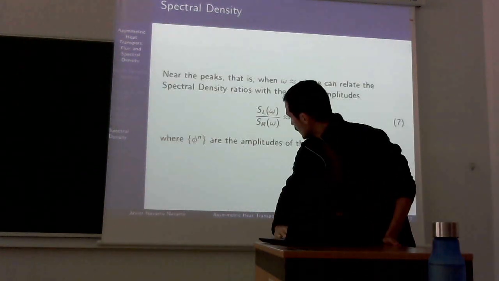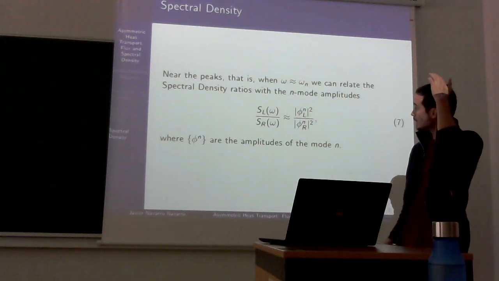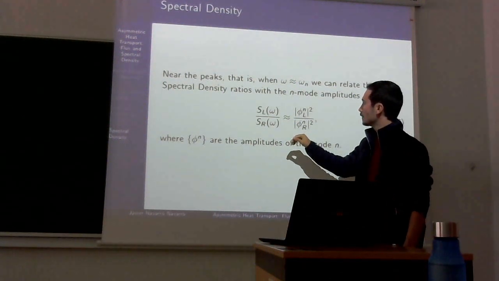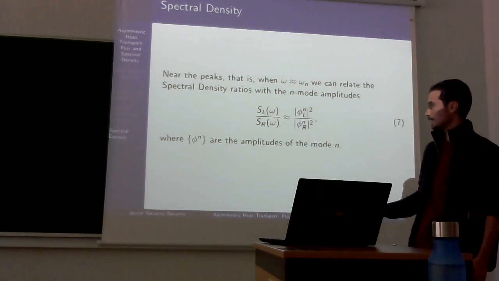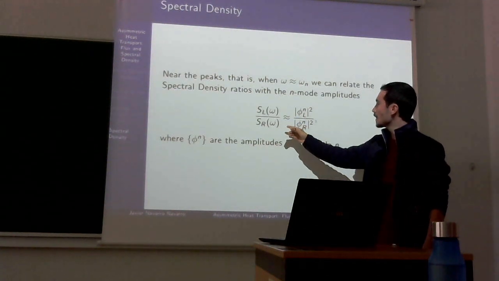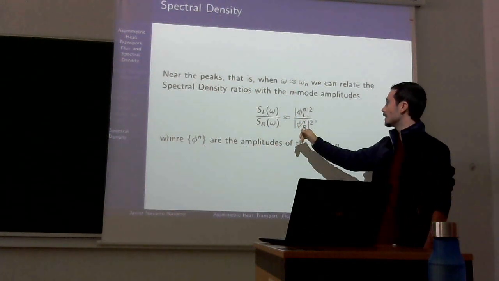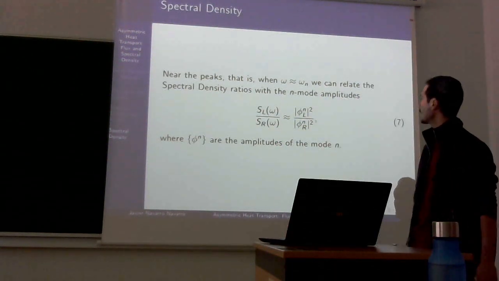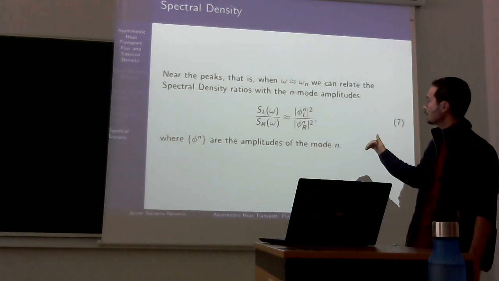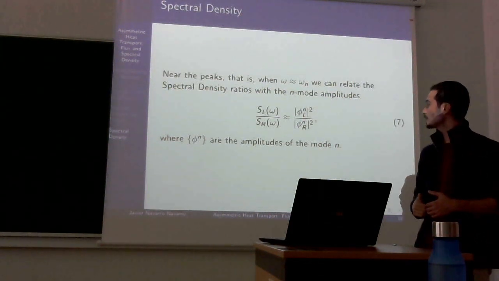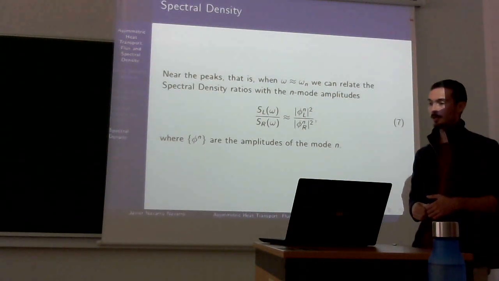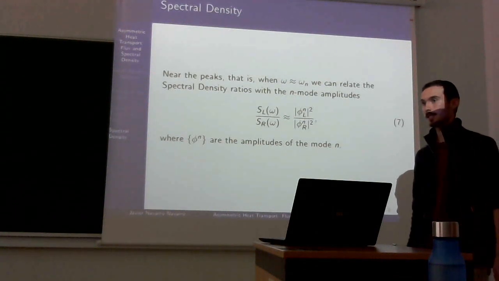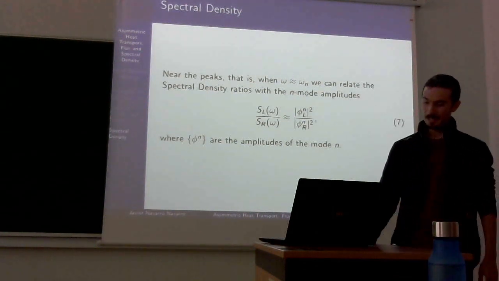And this is given by the ratio of both spectral densities near, for example, the peak, which is given by the ratio of the oscillations of both ions when only this mode is excited. And that's everything I wanted to say.